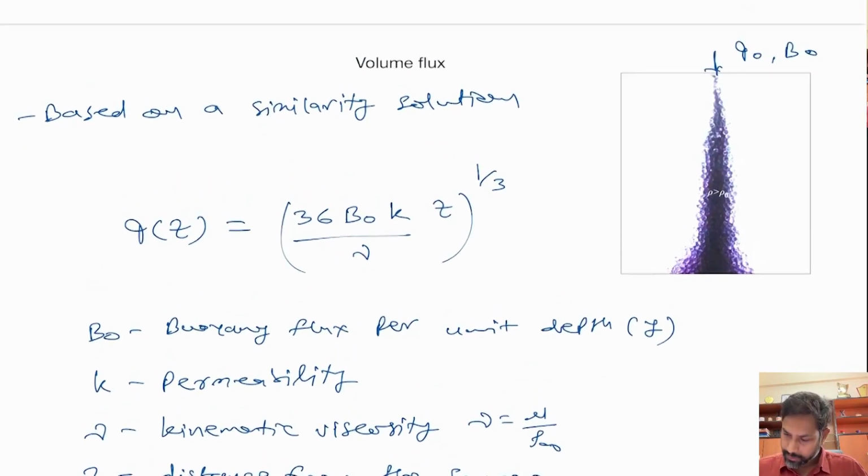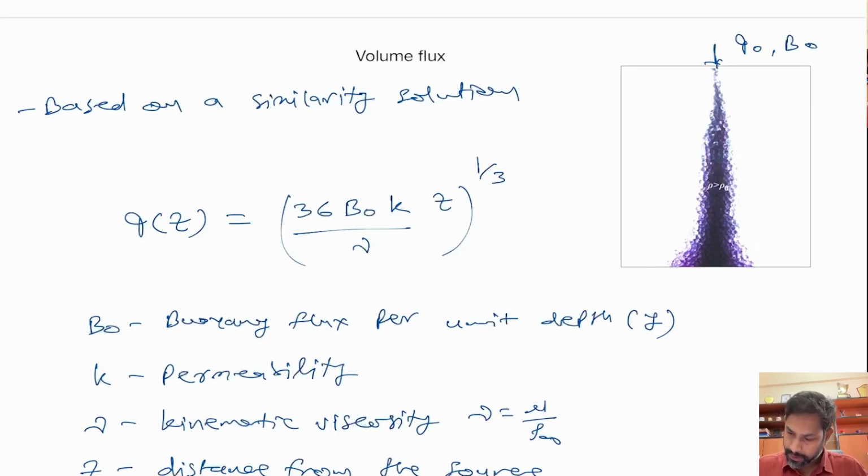So this gives you the Q as a function of Z, where Z here is measured from the top, from the point of injection.